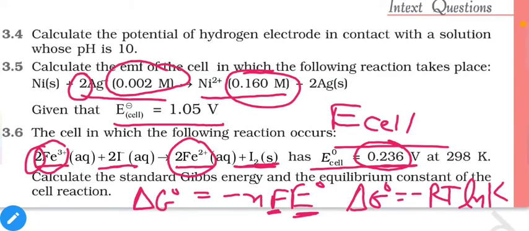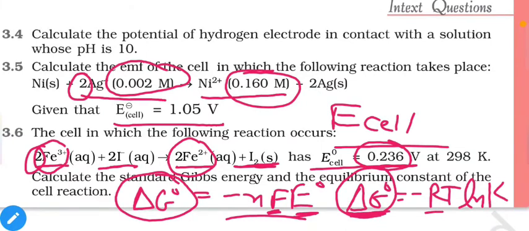Put these 3 values in this equation and find the value of delta G naught, the standard Gibbs free energy. Put this value in the second equation. We know the value of R, it is constant. We know the temperature, 298 Kelvin, and find the value of ln K or log K. Then later you have to take the anti-log to find the value of K.